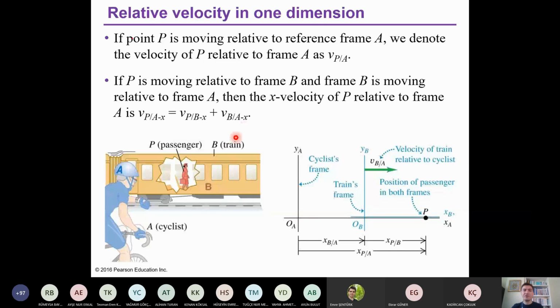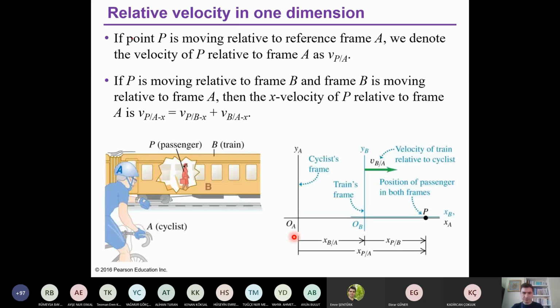Okay, so how to write this equation? How to get this one? Here I will show you different frames of reference. This is the cyclist frame. This is the origin of the cyclist frame. This is the x-axis and this is the y-axis.